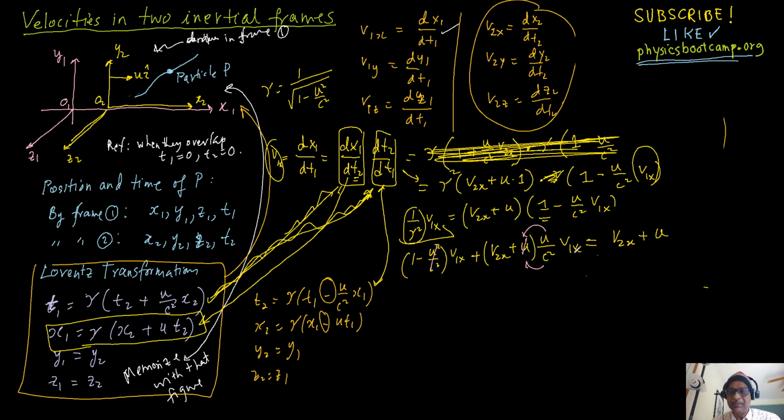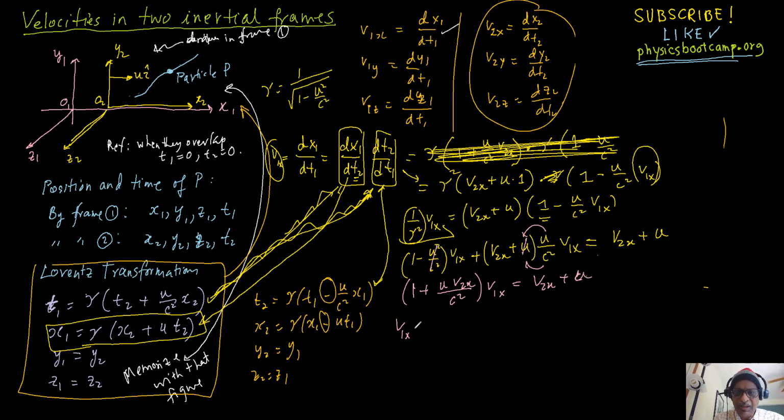So v1x, it's simply 1 plus u v2x over c square, everything multiplying v1x equals v2x plus u.